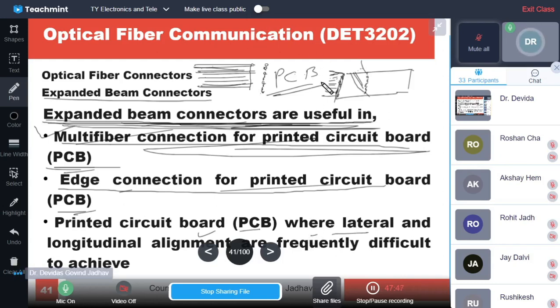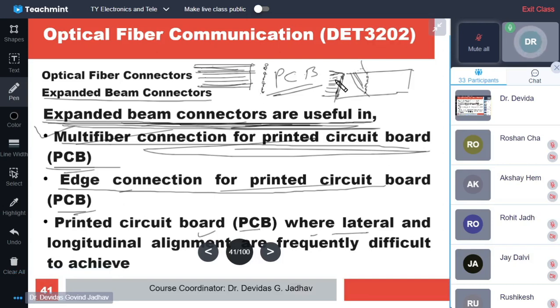In those cases expanded beam connectors are useful, because printed circuit boards are commonly handled for maintenance, for changing the components, for checking and for monitoring. Assembling and disassembling is required continuously over a period of months and couple of years.